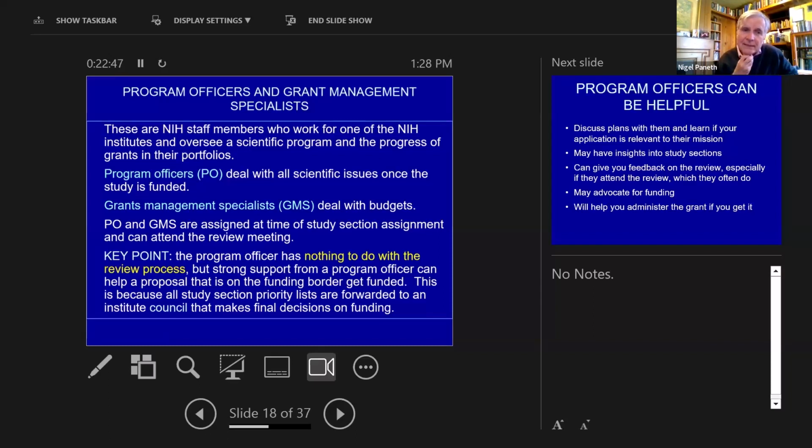And I even had the experience, I'll take 1 minute of your time to tell you this, that I was once asked by a program officer to write a grant for a conference. They couldn't arrange the conference, but they could support it if someone wrote a grant for it. So I did what I was asked to. You want to keep the program officer happy. I didn't get funded.